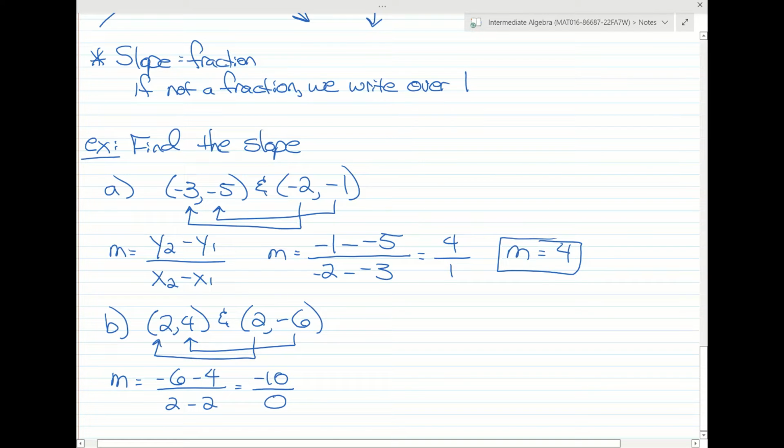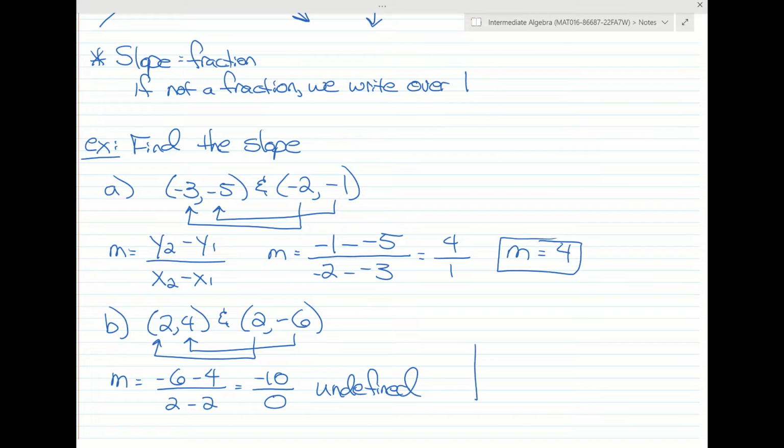It looks like we get 0 in the denominator. What did we say 0 in the denominator was? Undefined. So this would be a line that looks like this. The previous one would be a line that looks like this. Positive slope goes up from left to right, undefined slope is vertical.